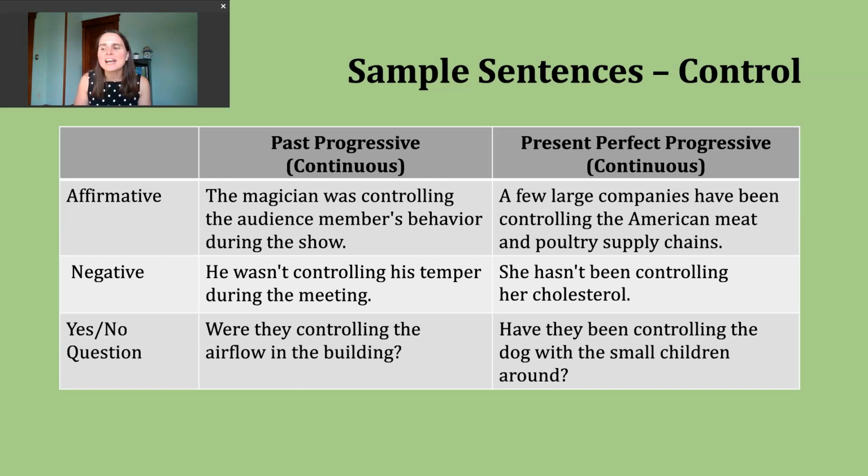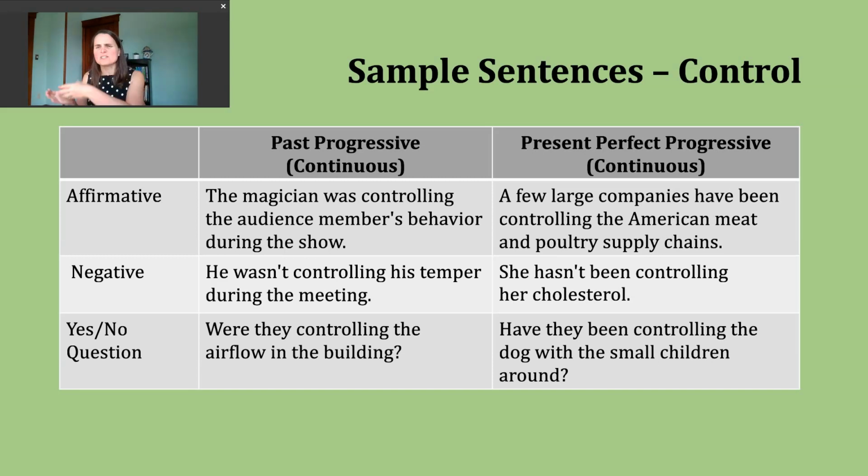Now let's move on and talk a little bit about the present perfect progressive. Again, some teachers and some textbooks will call this present perfect continuous. That's fine. They mean exactly the same thing. We use this verb tense to really focus on an action that started in the past and continues into the present.